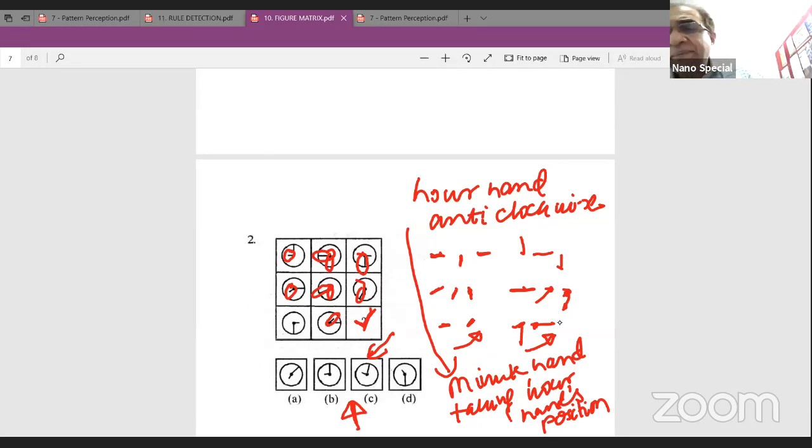So now let me sum up the non-verbal reasoning questions. Non-verbal reasoning questions are all about observation. There is not much logic built into it, mostly observation. Also, the kind of questions that can come in BITSAT, we are only guessing.